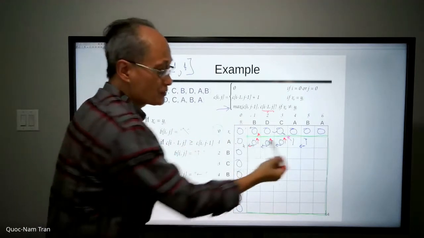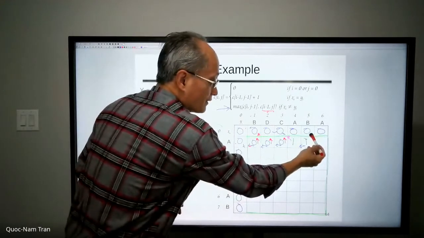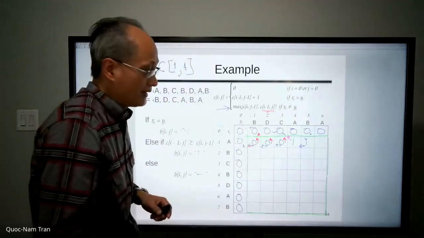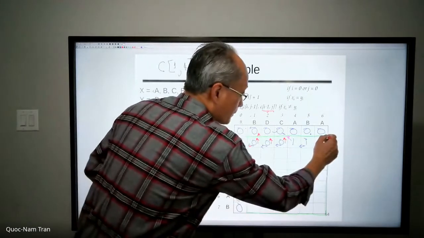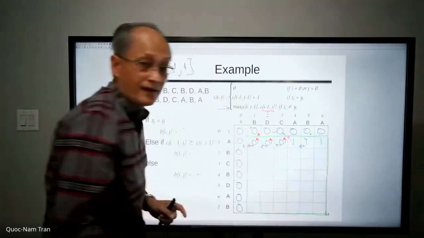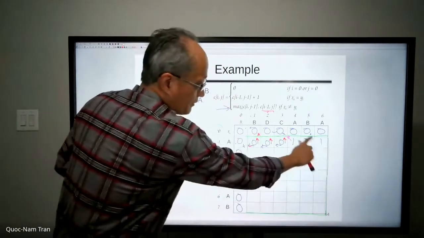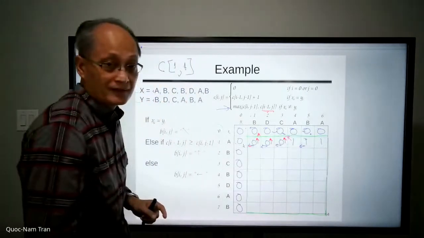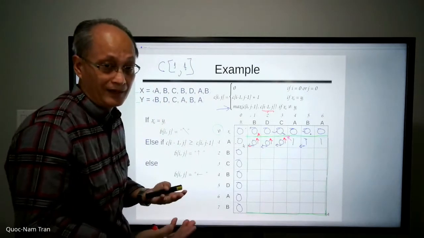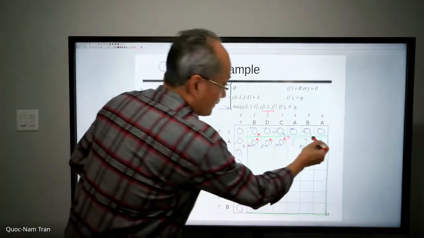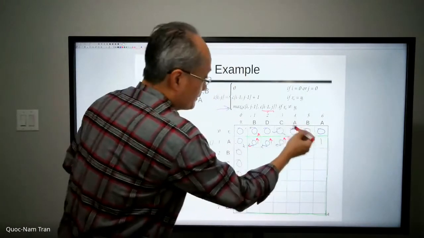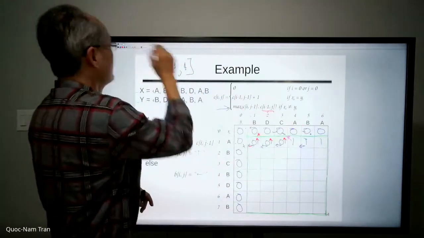The previous substring is here. And hence this one will be 1 plus this value. It's still 1, right? So here we have the diagonal.